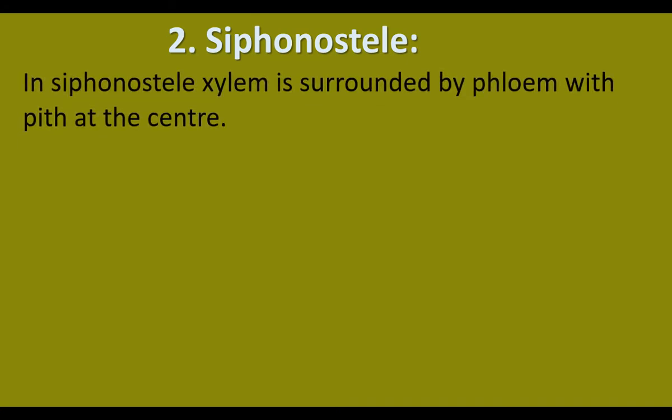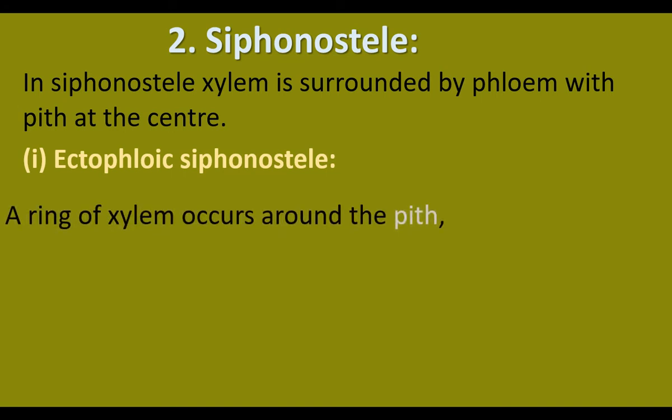Let us move on to the siphonostele. In siphonostele, xylem is surrounded by phloem with pith at the center. Ectophloic siphonostele is the first type of siphonostele. Ecto means outer. Ectophloic, phloem forms the outer part.